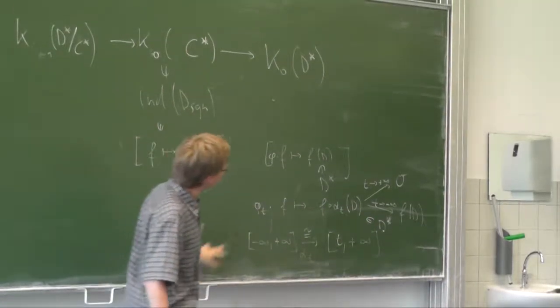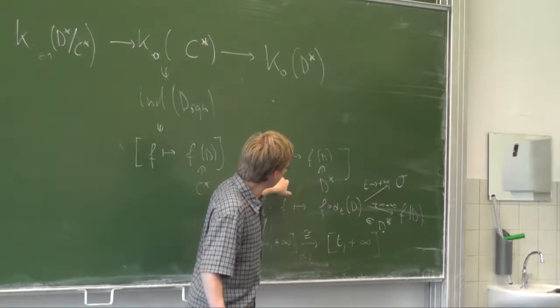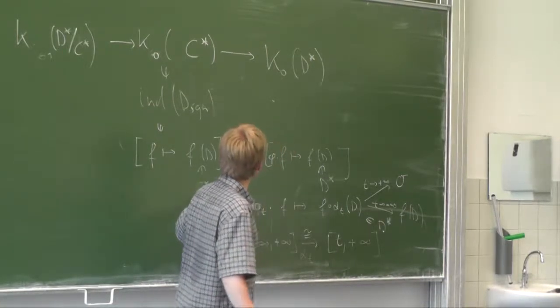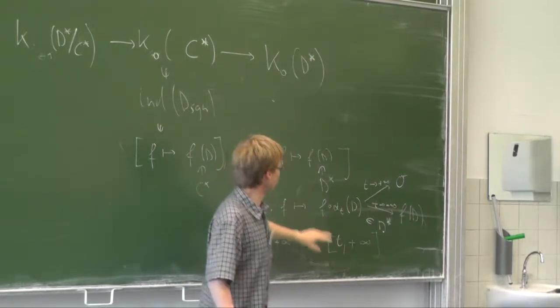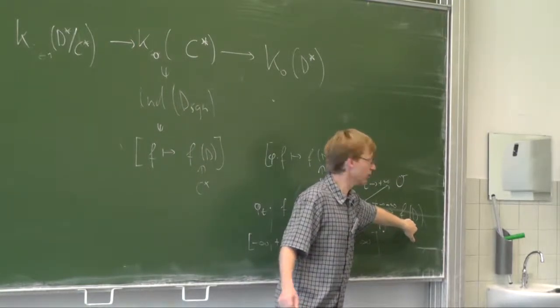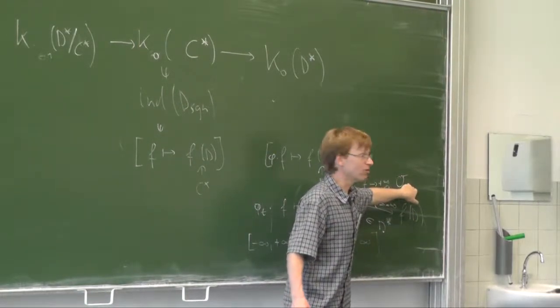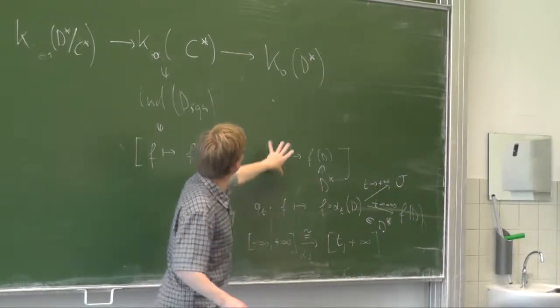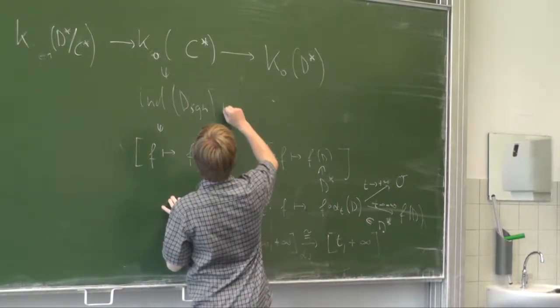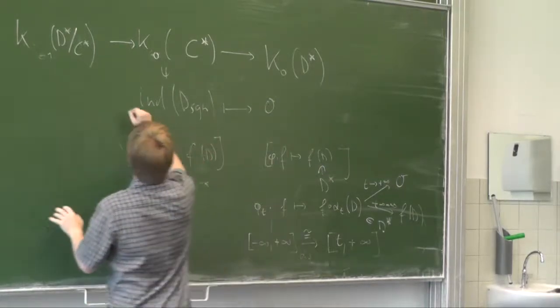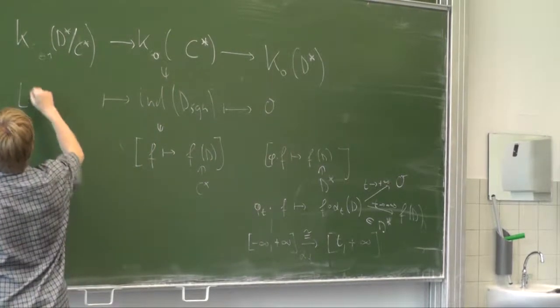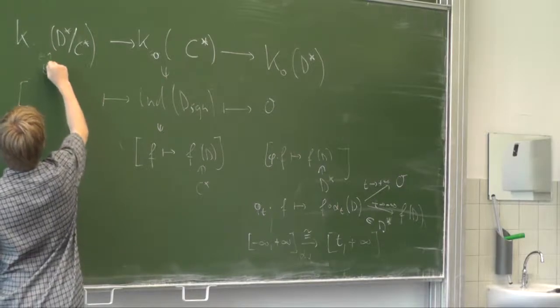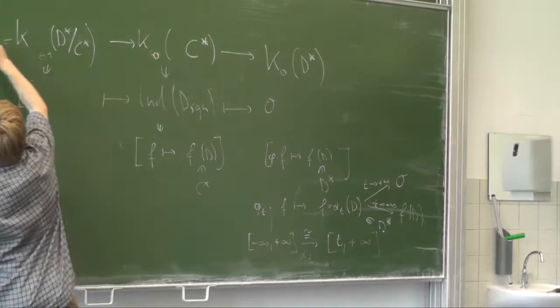And actually you see what this is. This is in D star, not D star, a loop from 0 to 0. Which means not only is this a reason why the image here is 0, but even better, it gives me the class in K1, which is I1.